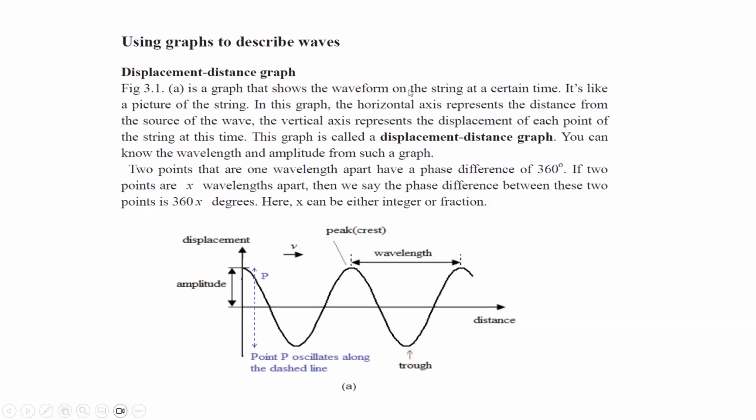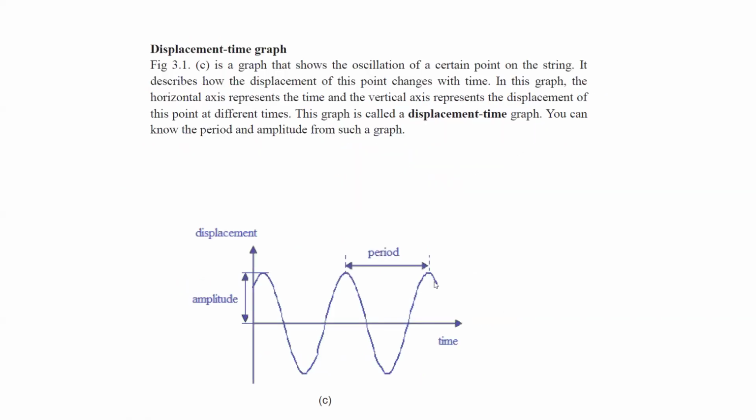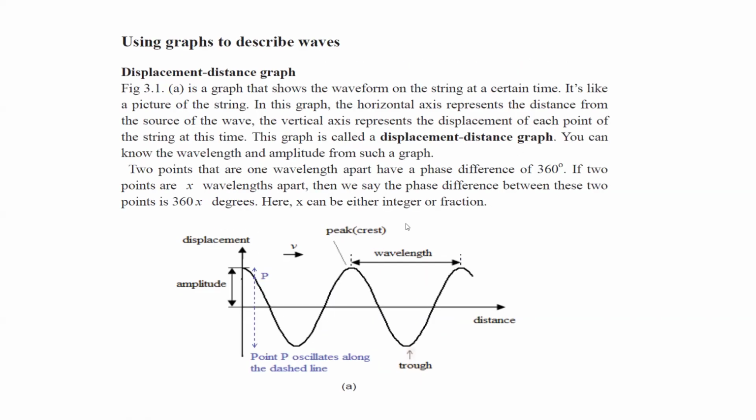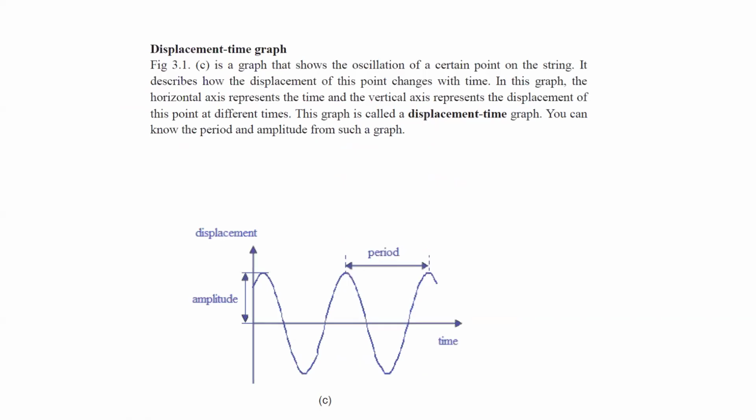Then, using a graph to describe the waves, different graphs are there. We can have a displacement distance graph, and we can also have a displacement time graph. On the vertical axis, the maximum distance from the mean position or the center position is called the amplitude.